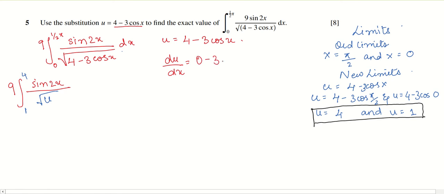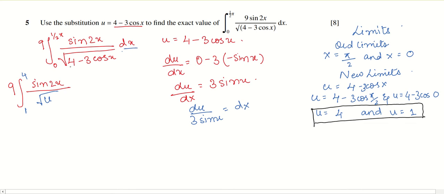If you differentiate cos x, you get minus sin x. So du/dx equals 3 sin x. So now your dx value will be du/(3 sin x). So instead of dx, you can now write du/(3 sin x).